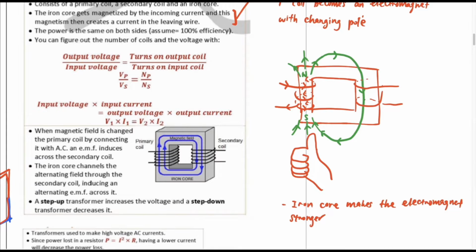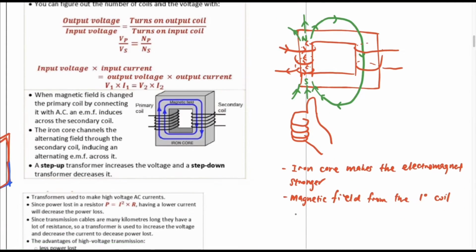So what happened is, write down, the magnetic field from the primary coil cuts the secondary coil.